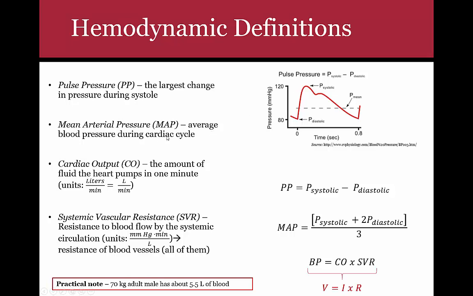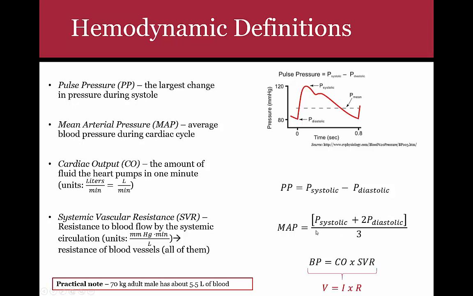Mean arterial pressure is the average blood pressure during a cardiac cycle. On average, you're in systole for about a third of the time, and you're in diastole, which is filling, for about 2/3 of the time. That's how you can calculate the mean arterial pressure: P systolic plus 2 times the diastolic pressure, all divided by 3.